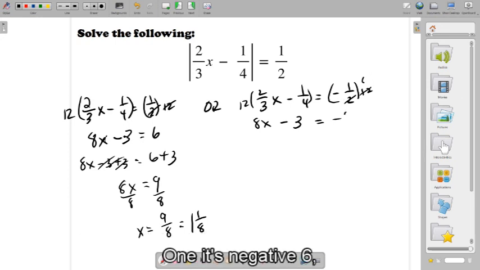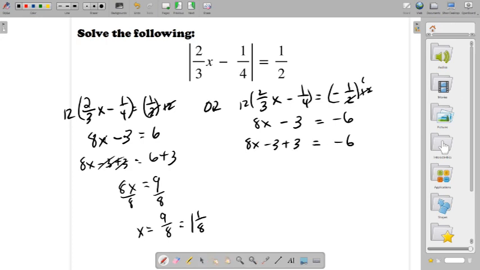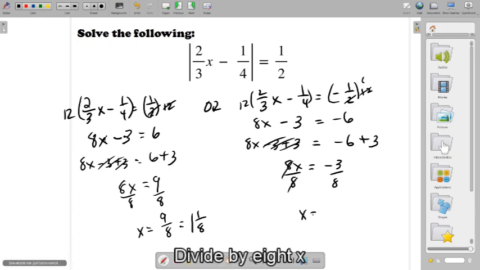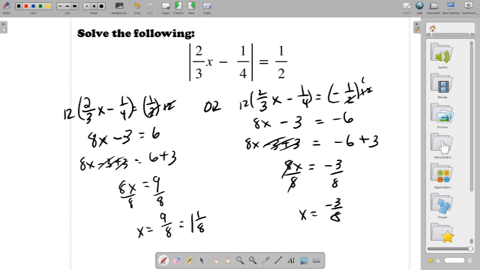Times negative 1 is negative 6. Add 3. Add 3. 8x equals negative 3. Divide by 8. X is negative 3/8.